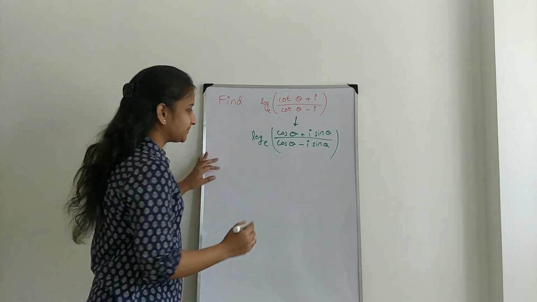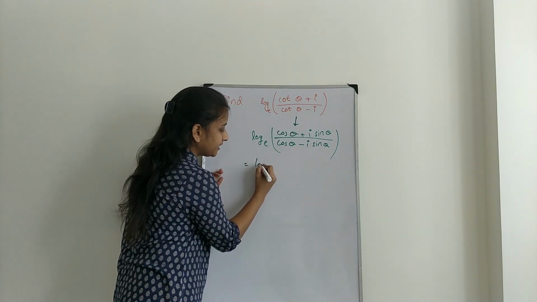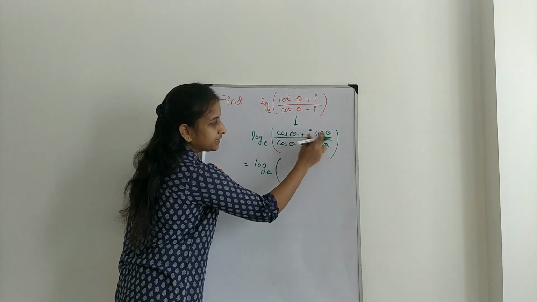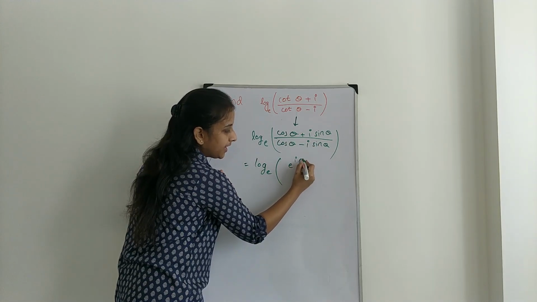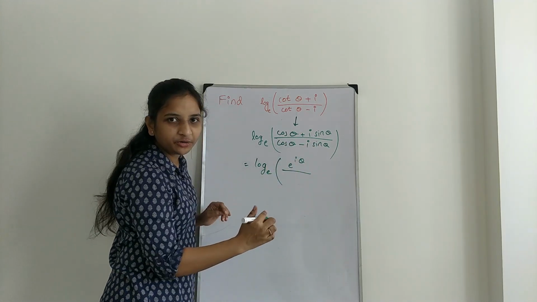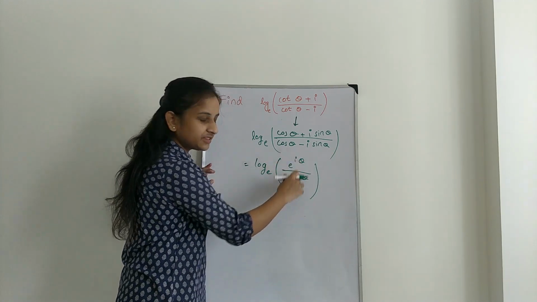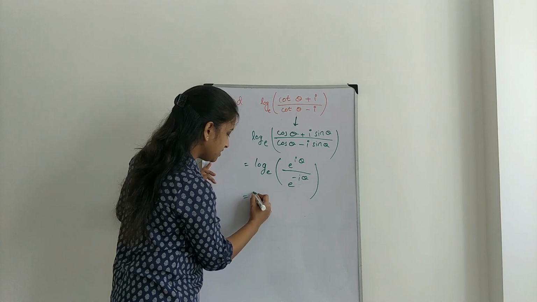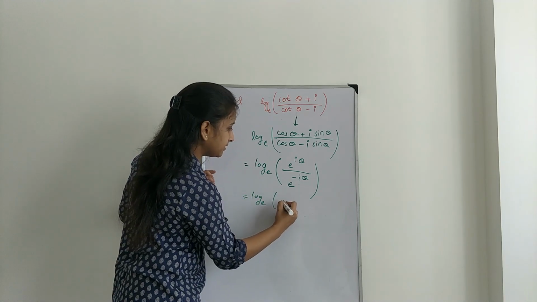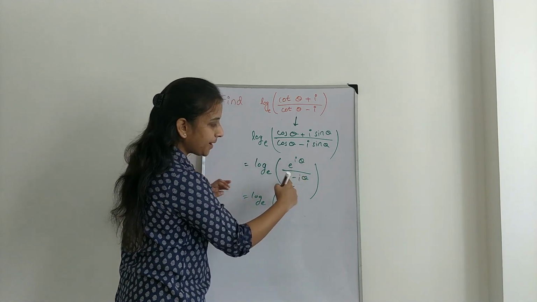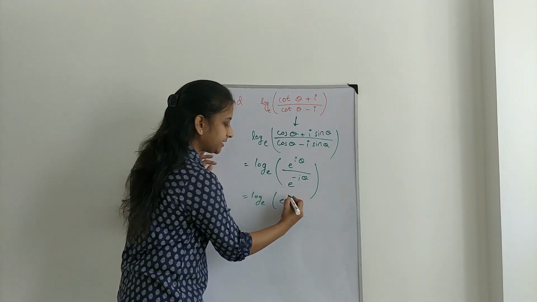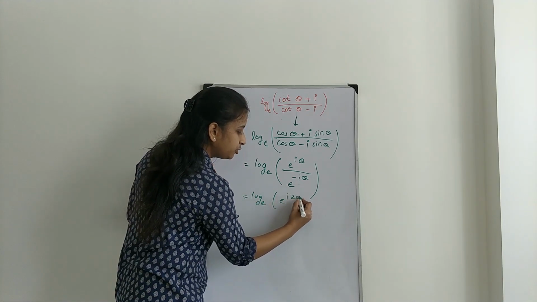Okay, let's solve this. This is nothing but the logarithm of e power i theta. In the denominator a negative term is there, so I am writing e power minus i theta. This division is easy. Logarithm of e power i theta minus of minus i theta, so i 2 theta.